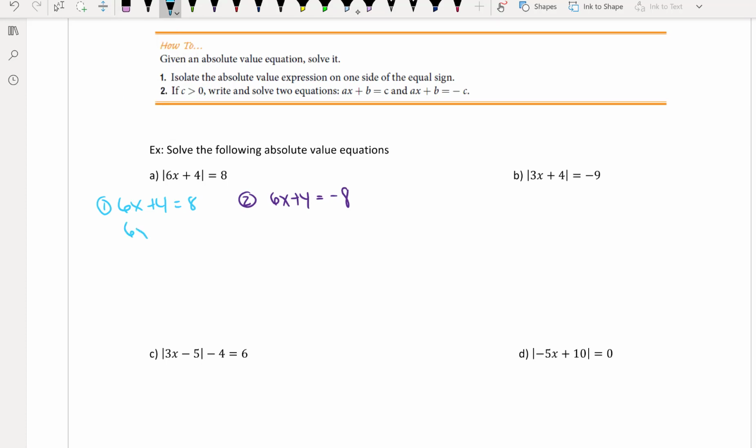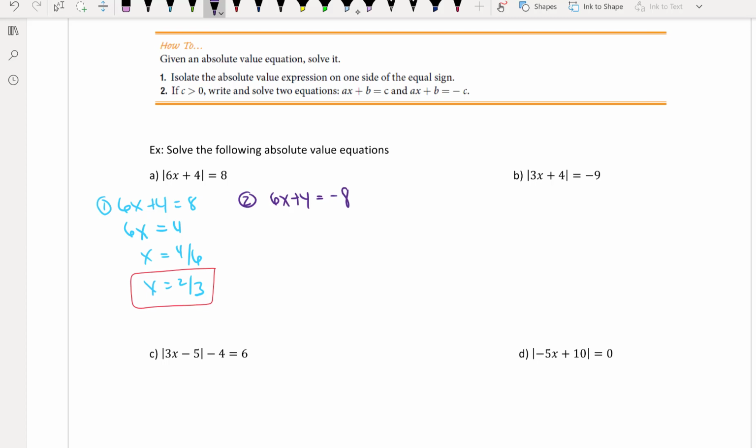I'm going to have 6x is equal to 8 minus 4, which is 4. Now divide both sides by 6, so x is equal to 4 over 6, so x is equal to 2/3. That is going to be one of my answers.